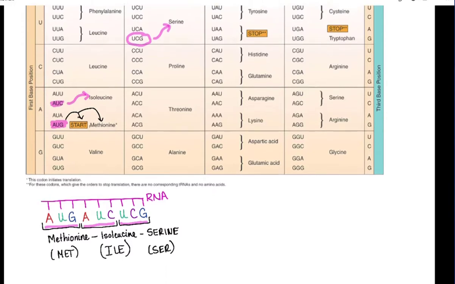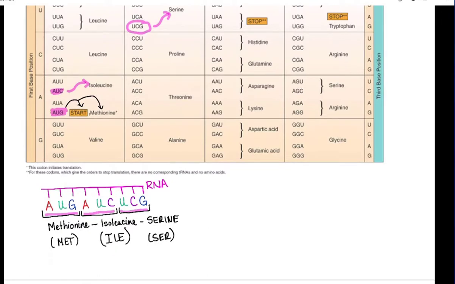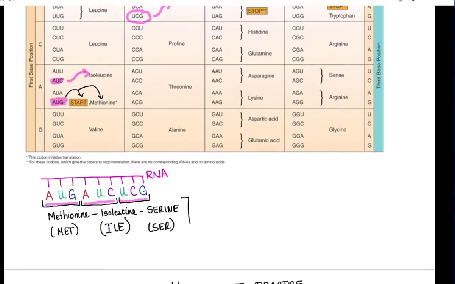Now, real quickly, what do these amino acids look like? Well, again, we've already learned that amino acids are classified based on being polar or nonpolar or electrically charged. And for this exam, if you figure out what a particular sequence is, like this one, methionine, isoleucine, and serine, you are expected to also be able to look at the structures of those amino acids if provided, and determine if those amino acids are polar, nonpolar, or electrically charged.